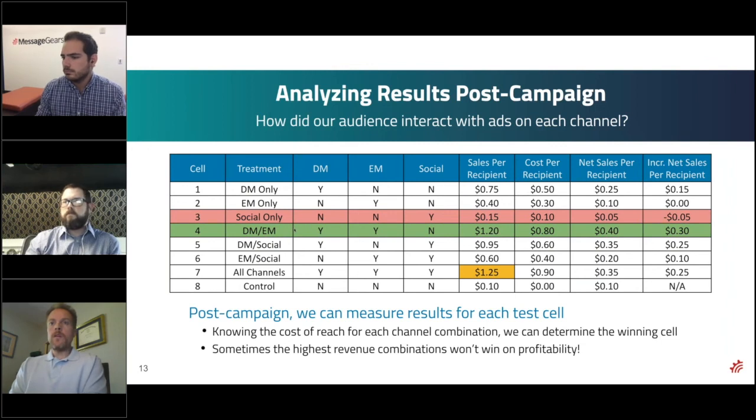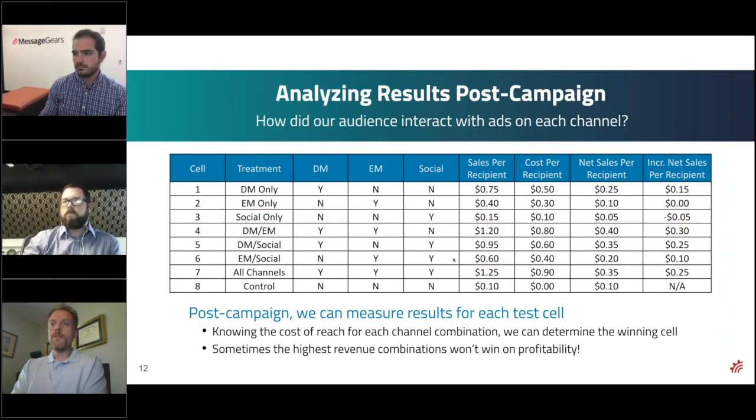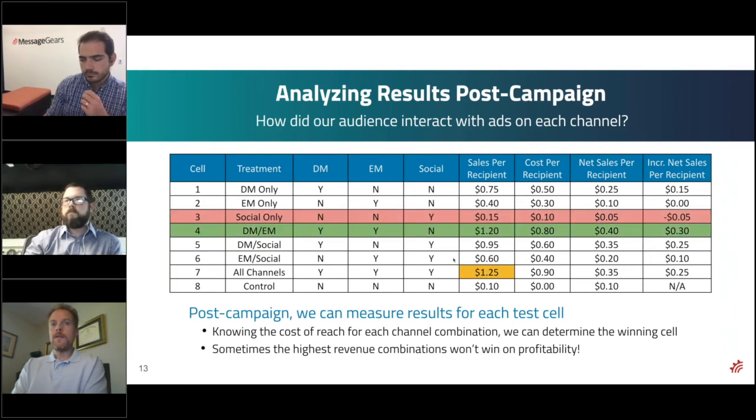But because the cost of reach when combining those three channels was also the highest, and by a little bit more, it wasn't enough to make it the top performer on our bottom line metric. It missed it by 5 cents. So it's important to financially characterize the results you're getting, statistically validate them, and move forward with the most profitable channel combination.